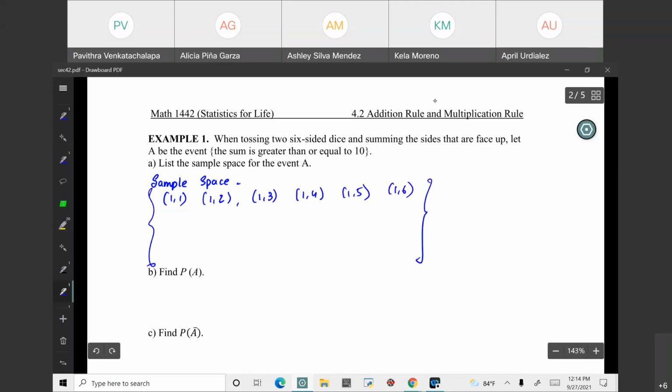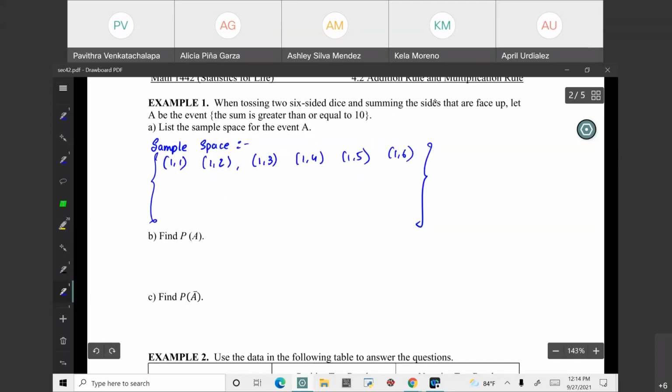So let us write the sample space. I want you all to write the sample space along with me.